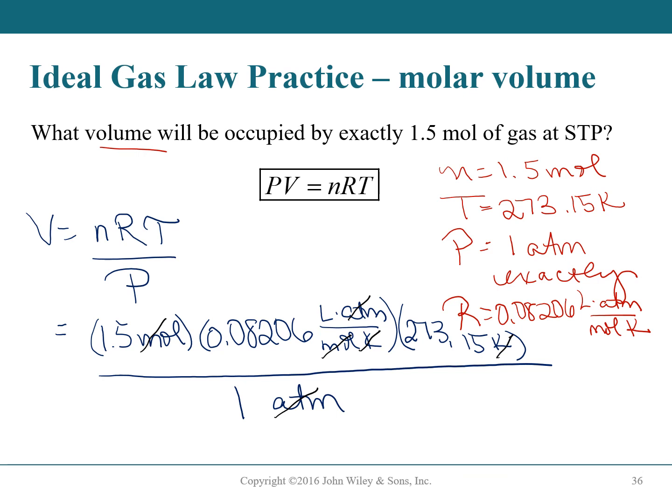So our volume is going to be in liters. So that's good because that's what we want. So 1.5 times 0.08206 times 273.15 divided by 1 gives me 33.6 liters. That's 2 significant figures. So it's 34 liters. Okay, so that's how you can do this.